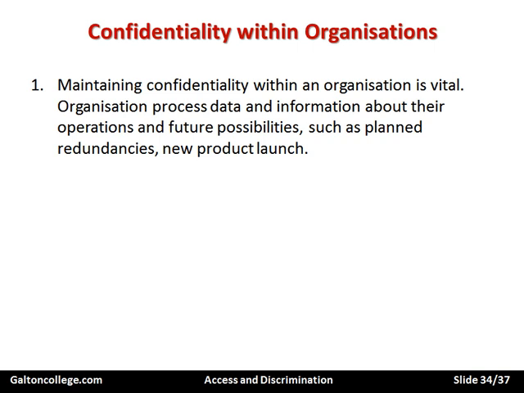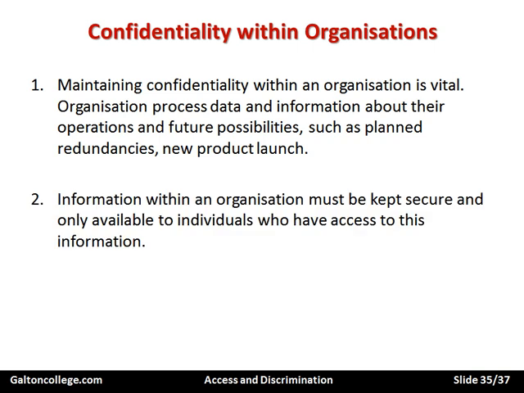They don't want to give away their plans to their competitors. Their competitors may be overseas companies who will be only too pleased to take their market. So it's important for them to be able to maintain confidentiality. Information within an organization must be kept secure and only available to individuals who have legitimate access to the information. So it must be kept secure.